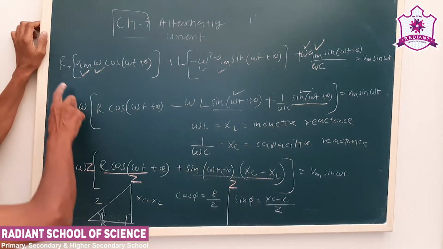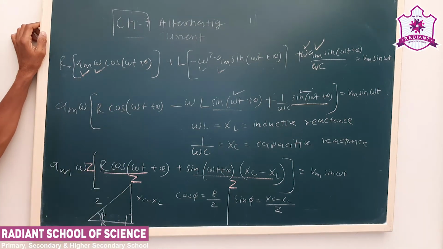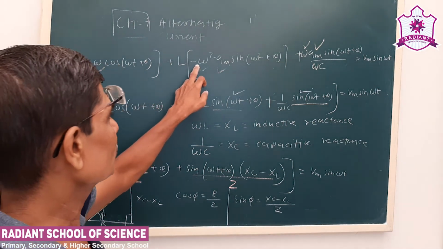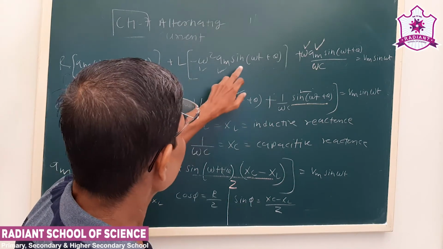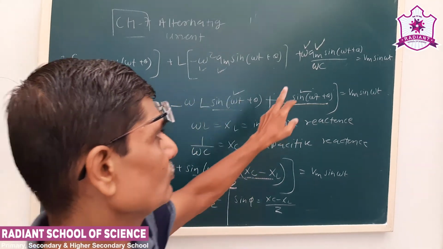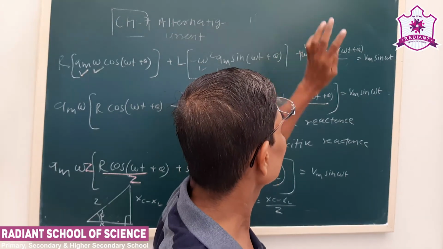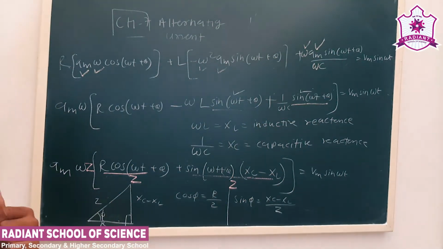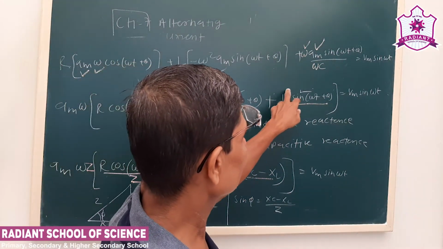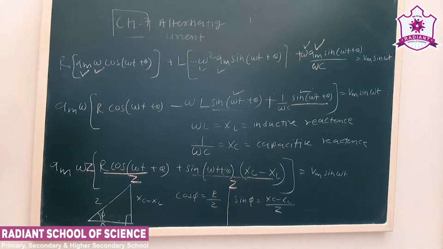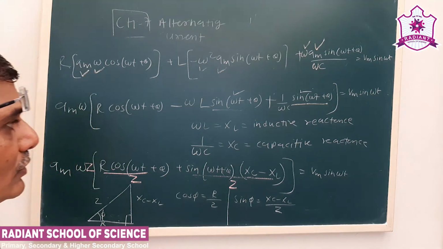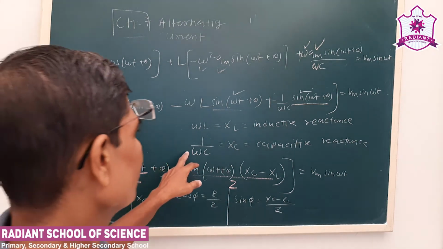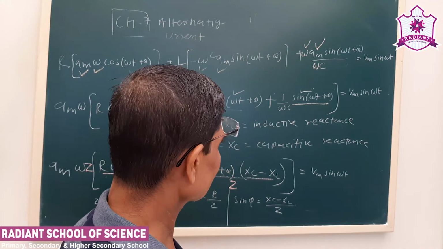So what is left here? R cos(omega t plus theta). With one omega taken out, it will be omega L sin(omega t plus theta). And here, with omega and qm taken out, it is 1 upon omega c sin(omega t plus theta). Now omega L is called XL, the inductive reactance, and 1 upon omega c is the capacitive reactance.